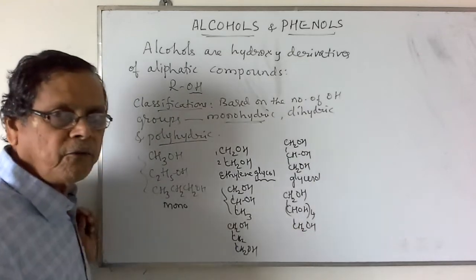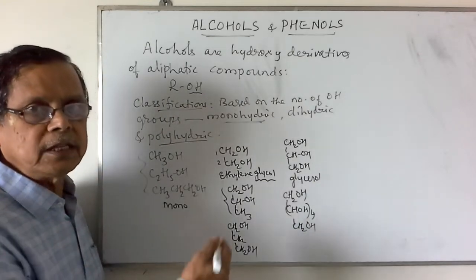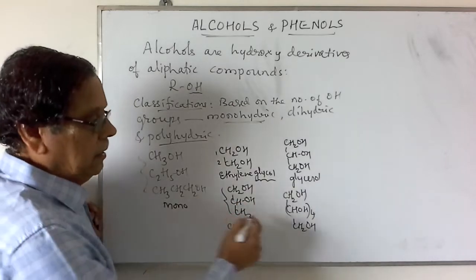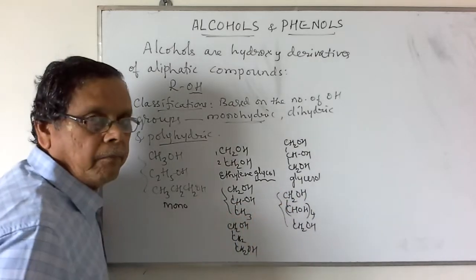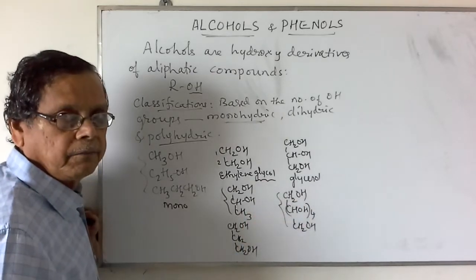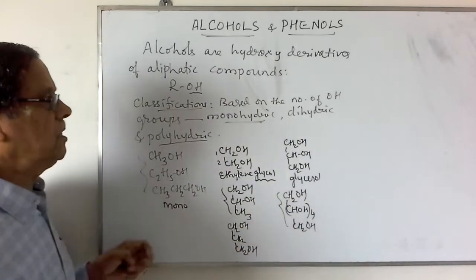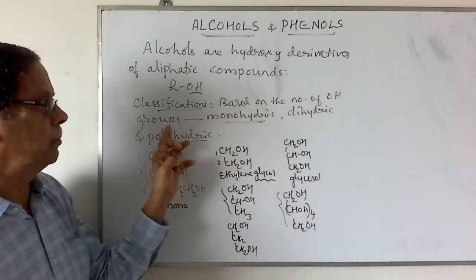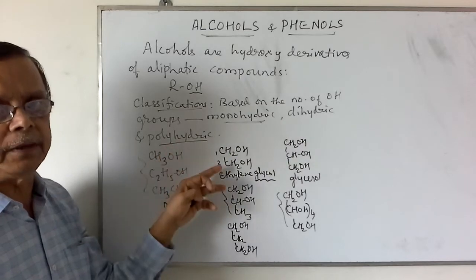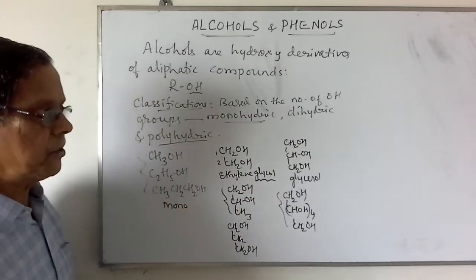A continuous chain of 6 carbon atoms. So this is actually mannitol, that is obtained from mannose by reduction, where the 6 OH groups are present. So this is one method of classification based on the number of OH groups. They are classified as monohydric, dihydric, trihydric or polyhydric compounds.